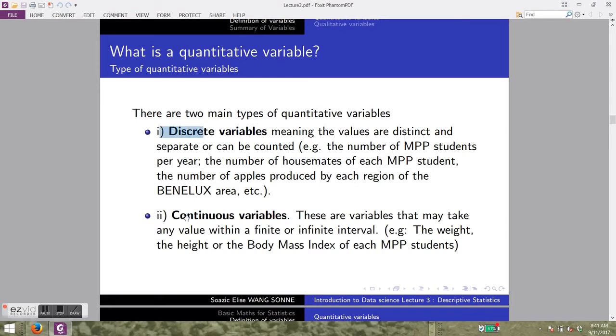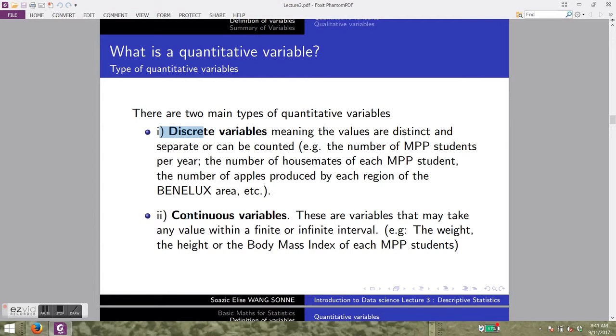You also have the continuous variable that will be used a lot. These are variables that may take any value within a finite or infinite interval. So it means it's not restricted to 1 to 3. It can vary across a specific interval. An example is the weight, the height, or the body mass index of MPP students.